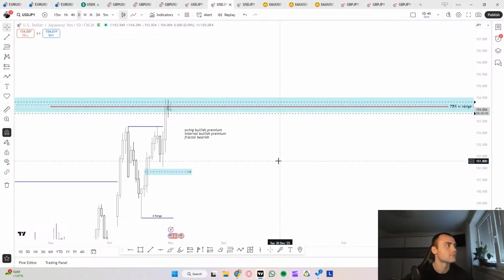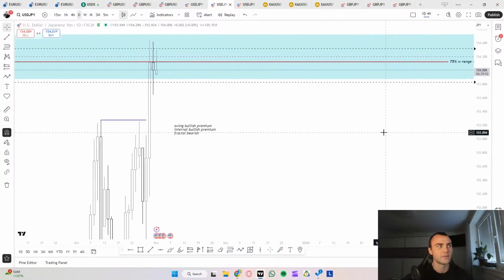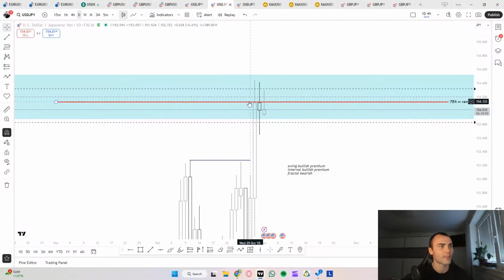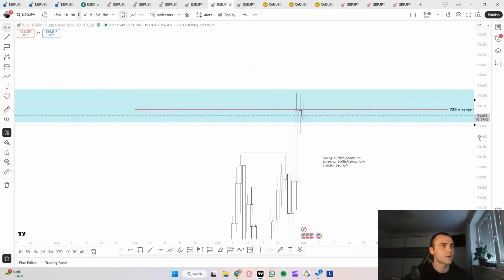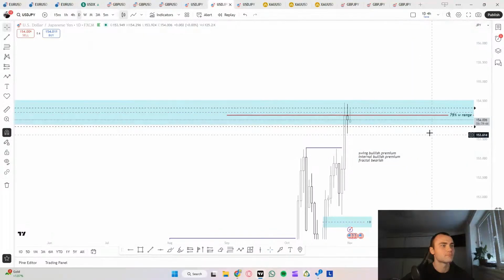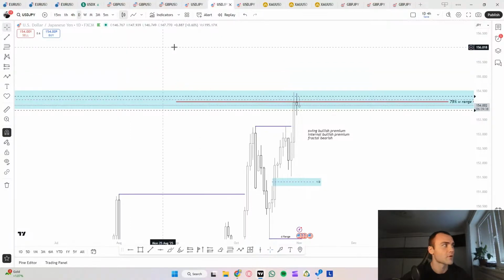And also we failed to close above the middle point of the imbalance and the 75% of the weekly range. Well, this alone makes the level a good level to look for trades, for shorts, right?